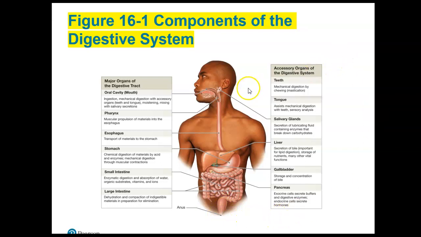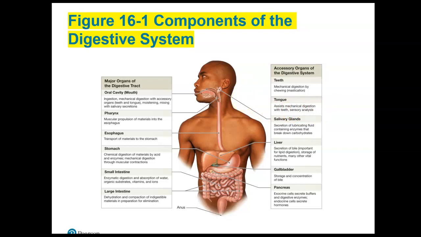And the accessory organs include the teeth for chewing, which is called mastication. The tongue, which assists in the process of mastication and also has a sensory analysis, of course, taste for our food.